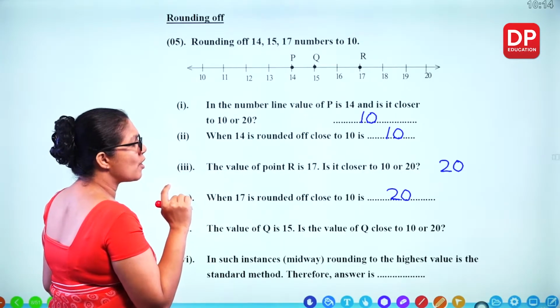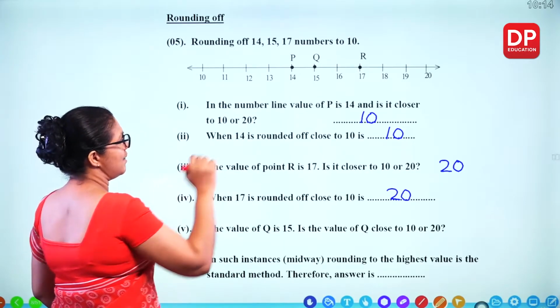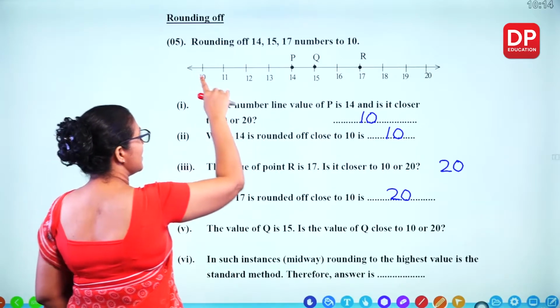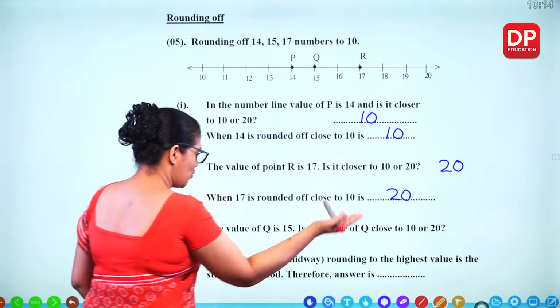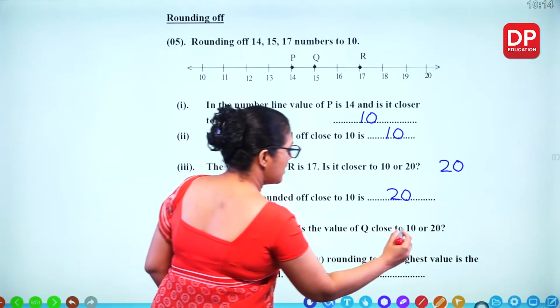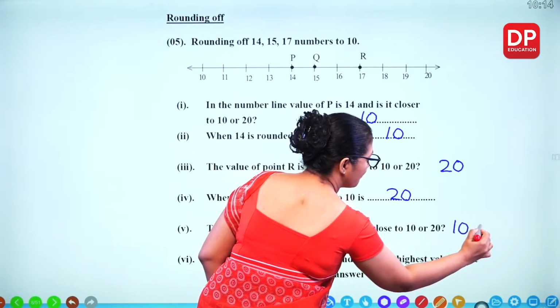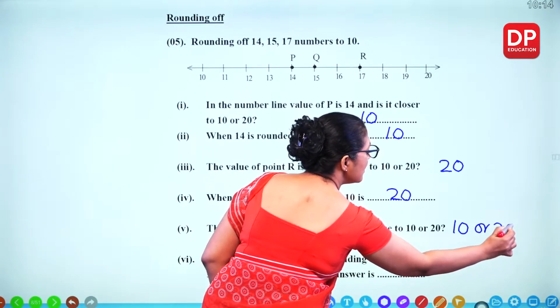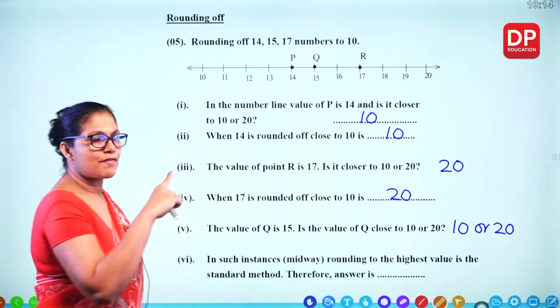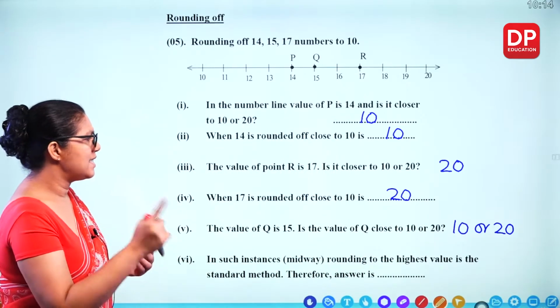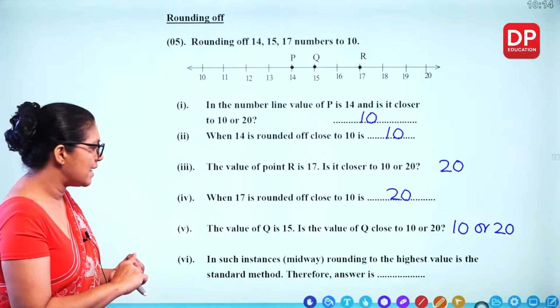Is the value Q closer to 10 or 20? Both ways, that's 5, 5. So you can say either 10 or 20. Same distance from 15 to 20 as well as 15 to 10.